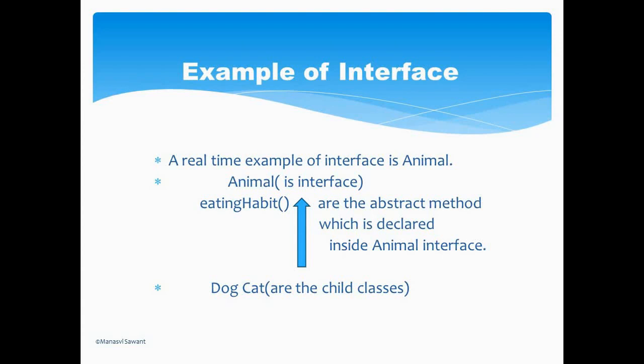As in the case of inheritance, we always use the extends keyword, but in the case of an interface, we will always use the implements keyword. I will also bring a practical example of an abstract class and an interface using the Eclipse IDE in our next upcoming video. So this was all about abstraction.